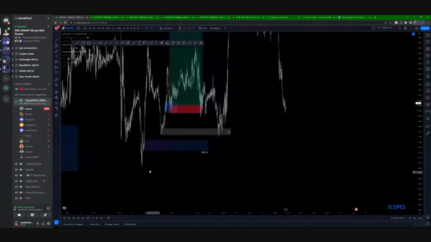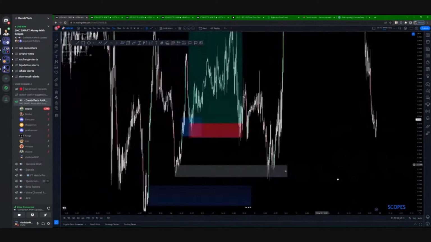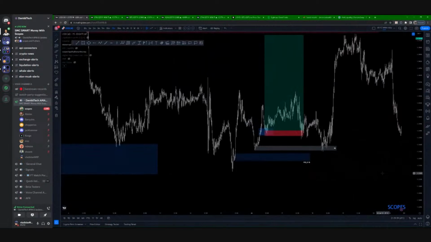So if you remember from the video last week, I was talking about breaker structure POIs and breaker structure bouncers. This worked. Obviously, I've been away and I've been busy.